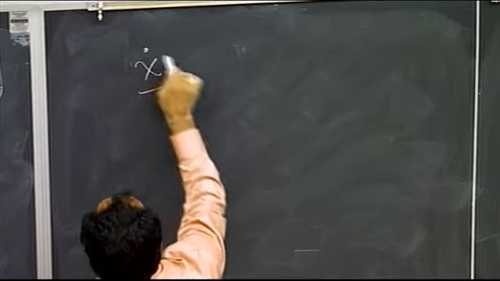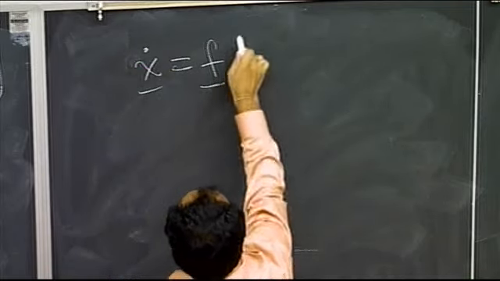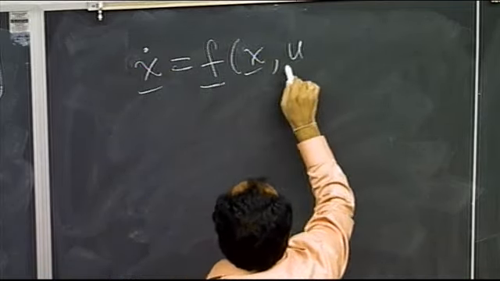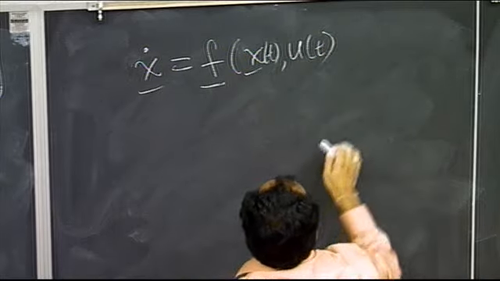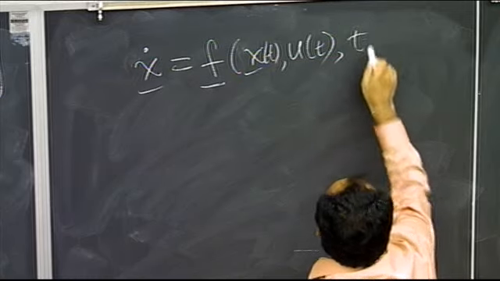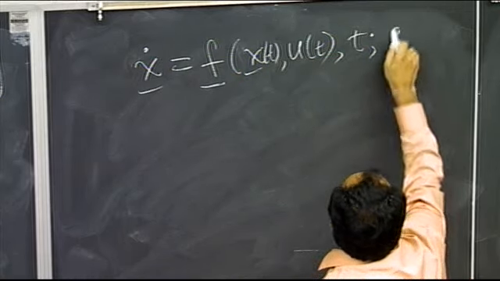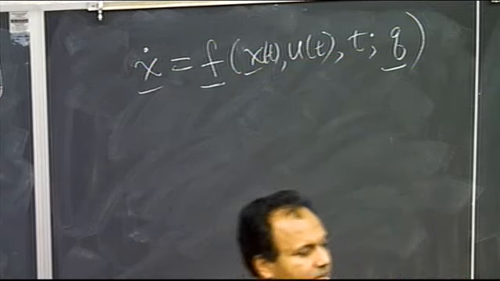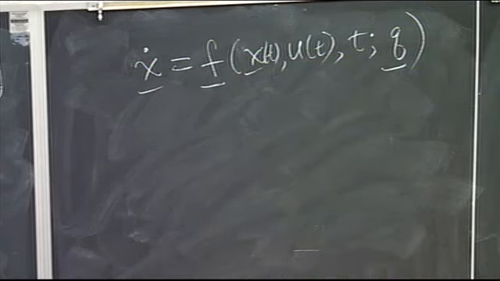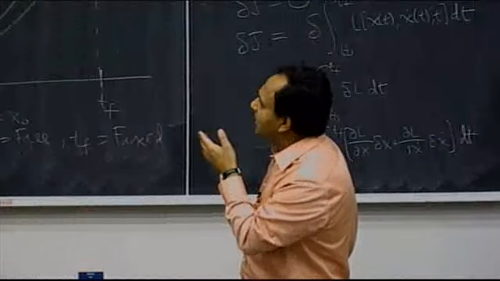Typically we write these in the following form: x dot equals f of x of t and u of t. It may also be a function of t, and it might be a function of some other parameters, q, where q are a bunch of static parameters. This is a very common formulation. In physical processes, we can normally write things in that form.